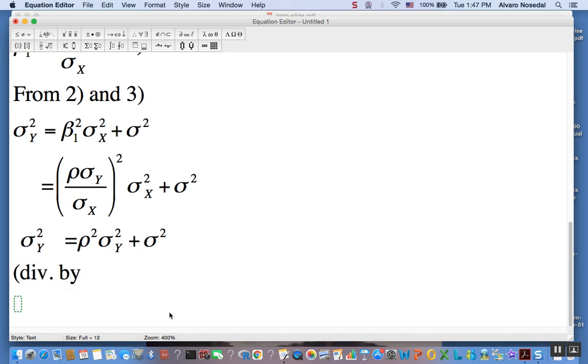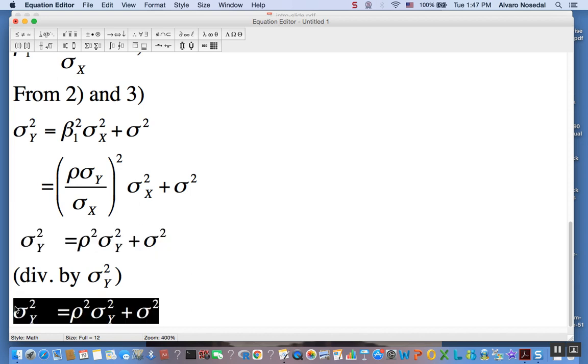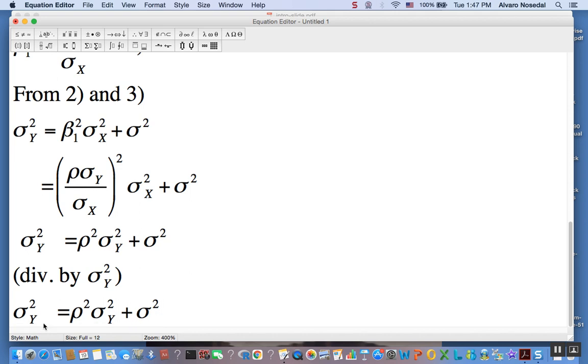Dividing by the variance of y, what we end up with here would be a 1.